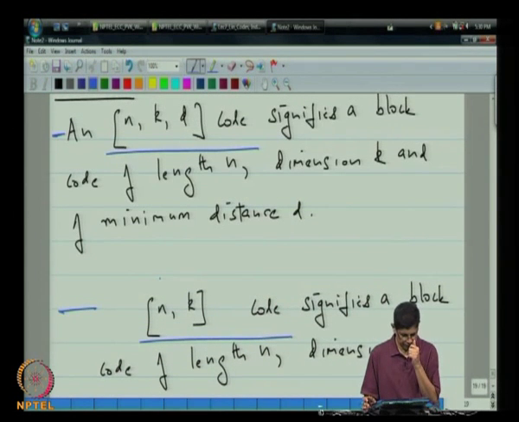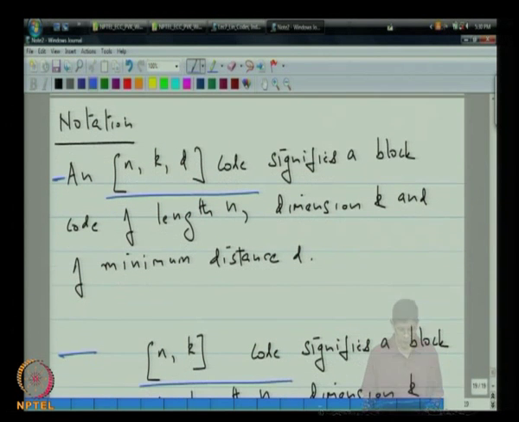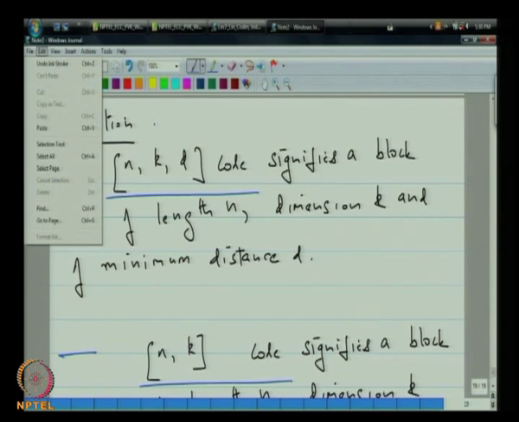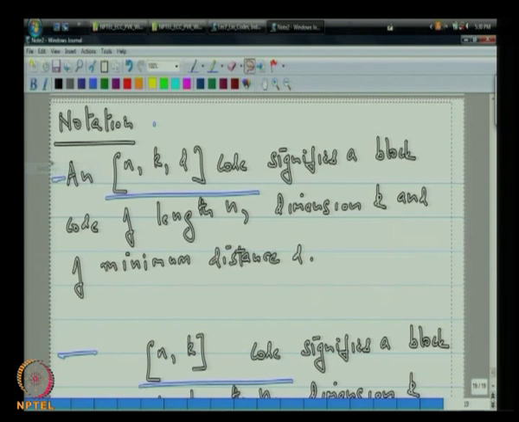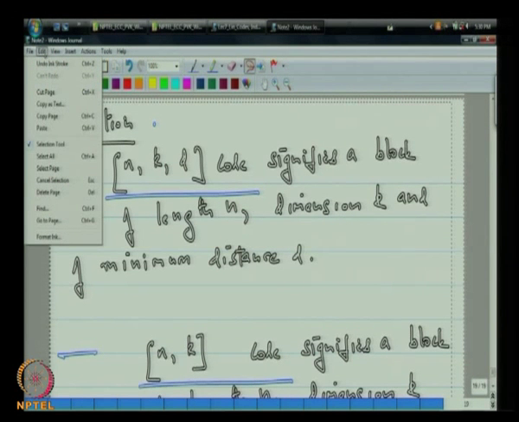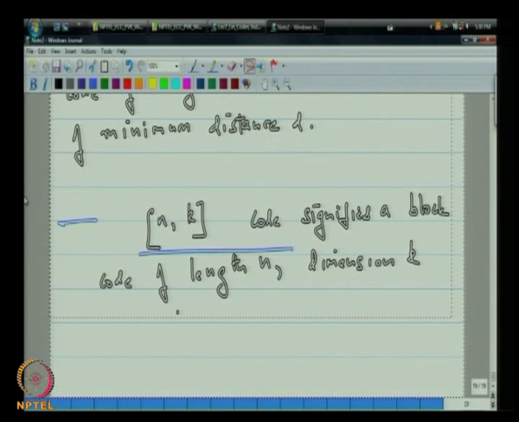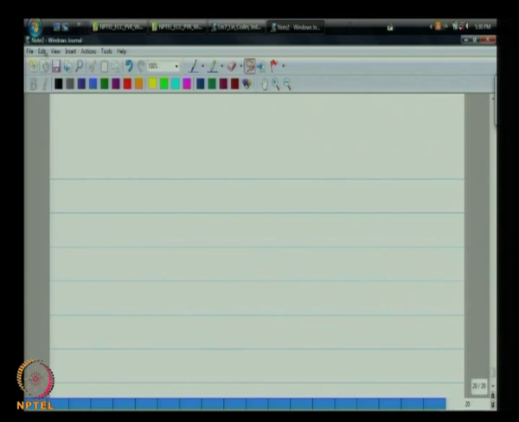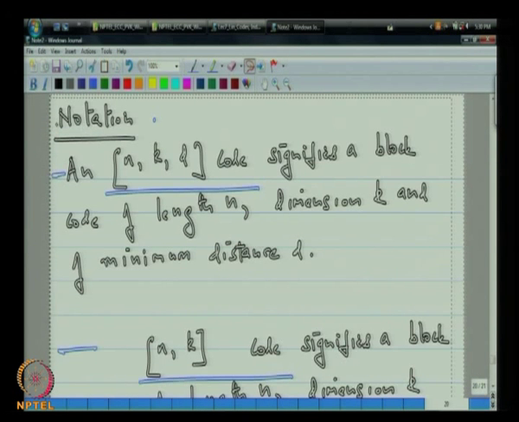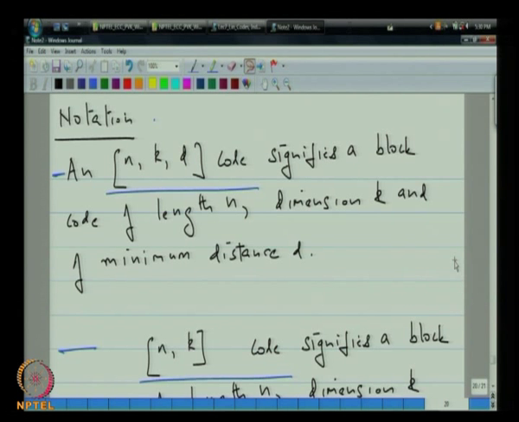Now, there is an analogous notion for the case when the code is not necessarily linear. I am going to give you the definition on the next page. What happens when the code is not necessarily linear?